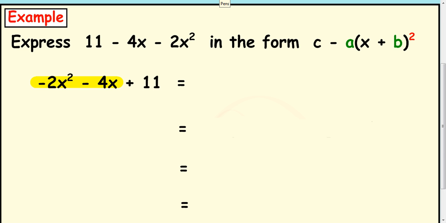Take out a common factor. In this case, we can take a common factor of negative 2 out. So negative 2 times x squared will give you this first bit. And if you multiply that by plus 2x, you'll get the negative 4x. Negative 2 times plus 2x is negative 4x. Then your plus 11.